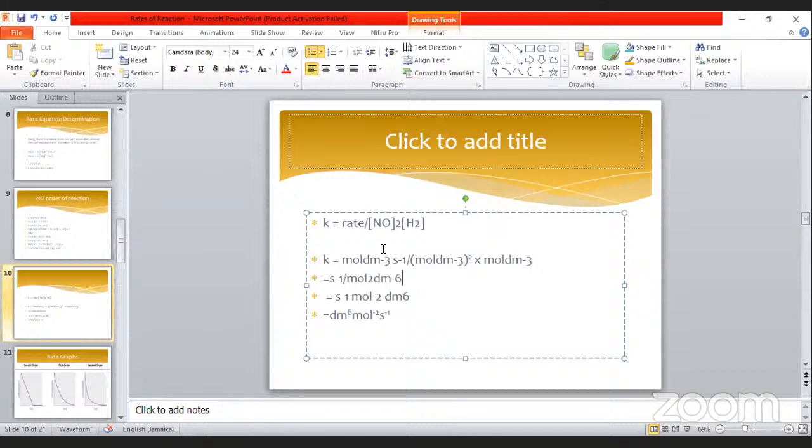So technically what I have is mole per dm cube per second divided by mole cube dm to the minus 9, because I have mole per dm cube squared times mole per dm cube, which is the same as cubing it. But I have mole per dm cube up top.